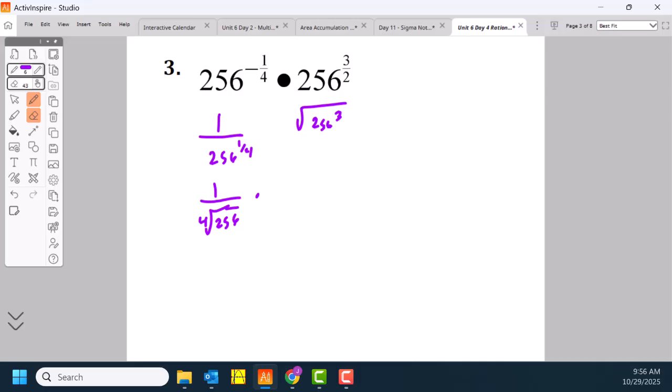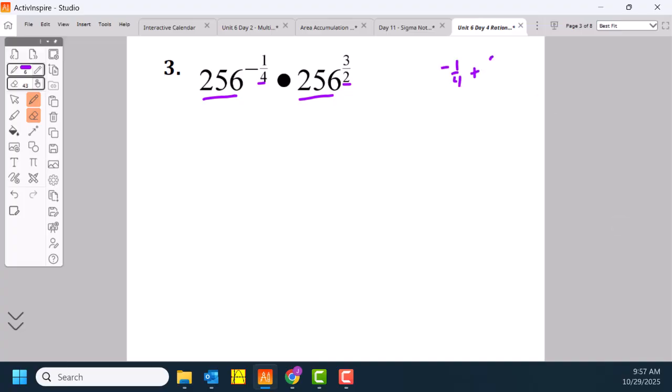And we could go through the process of simplifying those, but these are still exponents, and we can still apply our exponent properties. We can say this is 256 to the negative 1/4 times 256 to the 3/2, and do our properties of exponents from last unit. We're multiplying common bases, so we can add the exponents.